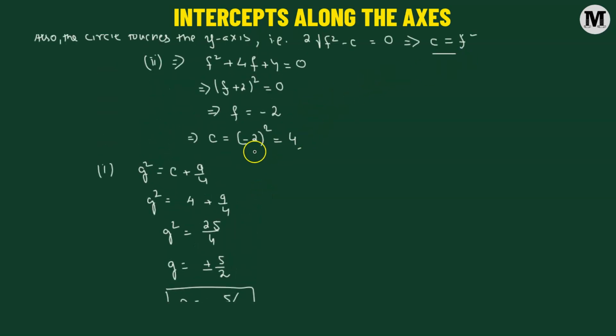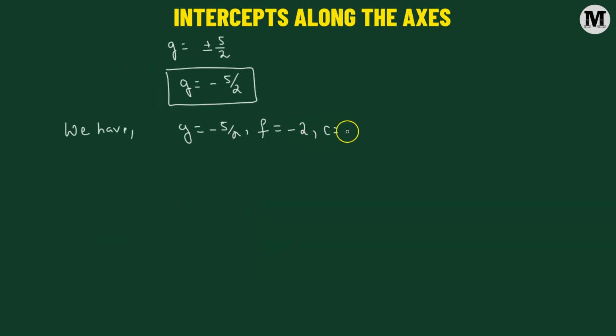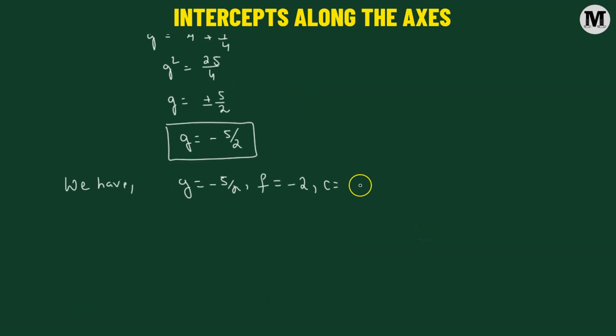So we have the value of f, which came out as negative 2, and c is 4. Let's note it down. We have the g value, negative 5 over 2, the f value, negative 2, and the value of c as positive 4. So we are ready to find the equation of the circle.